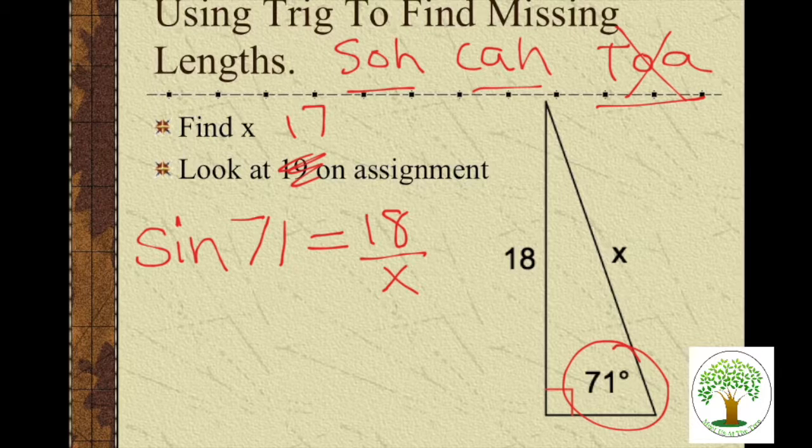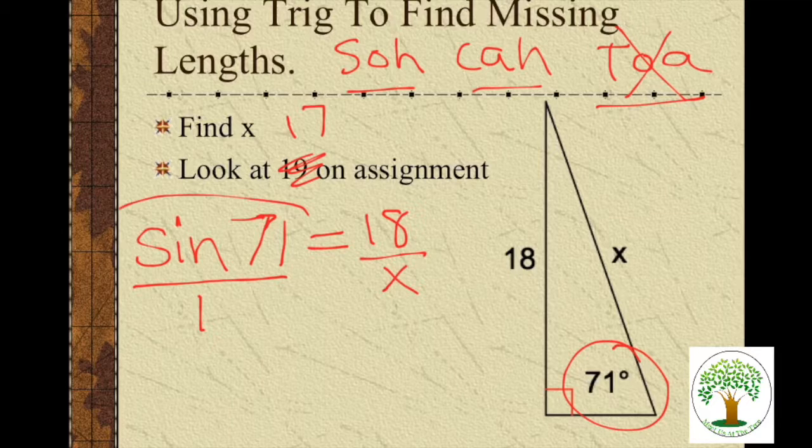Are you with me so far? Yes, ma'am. Now we have to solve this for x. Someone was asking me about switching the means and extremes. I'm going to pretend that that's over 1 right now. X is in the denominator, and to solve this, we need it to be up.